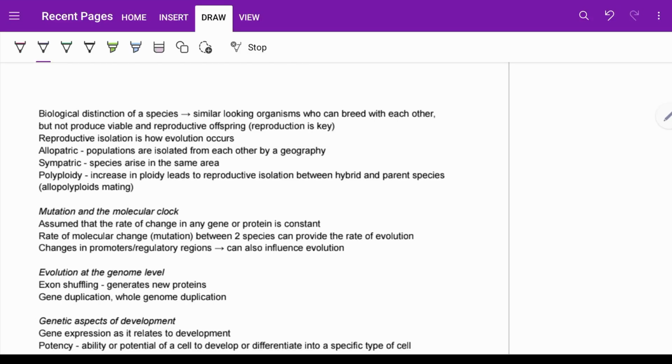The biological distinction of a species is that a species is a species when its members can breed with each other and produce viable offspring that are able to continue to reproduce.